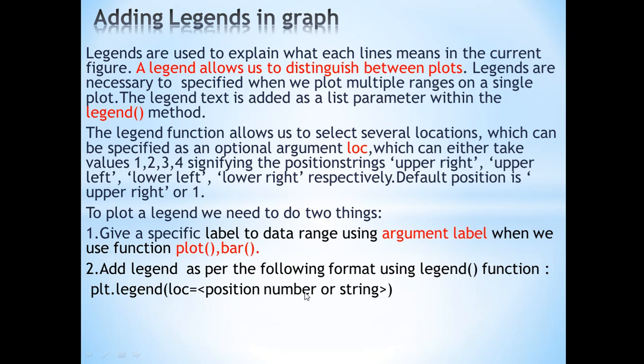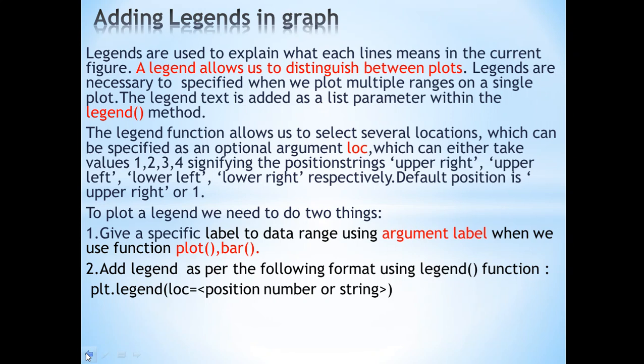If the question asks you to put the legend in lower left, then you have to write loc equal to 'lower left' under quotes, or for lower left you can write the position number 3. Clear? So we will now see how to add the legend programmatically.